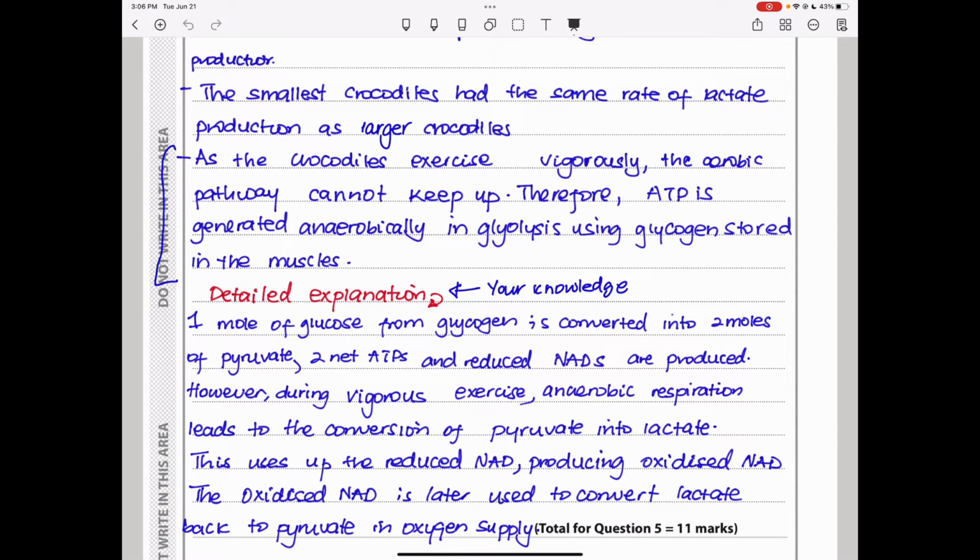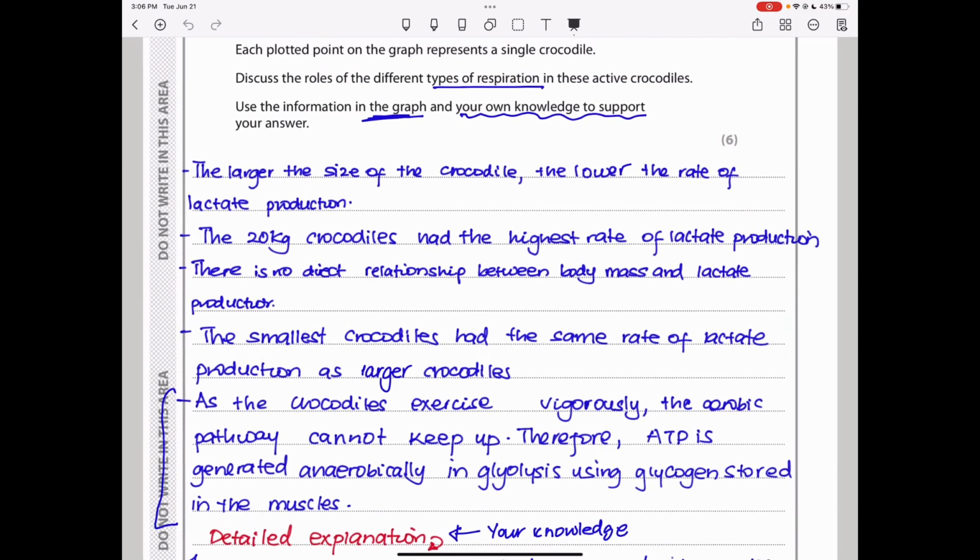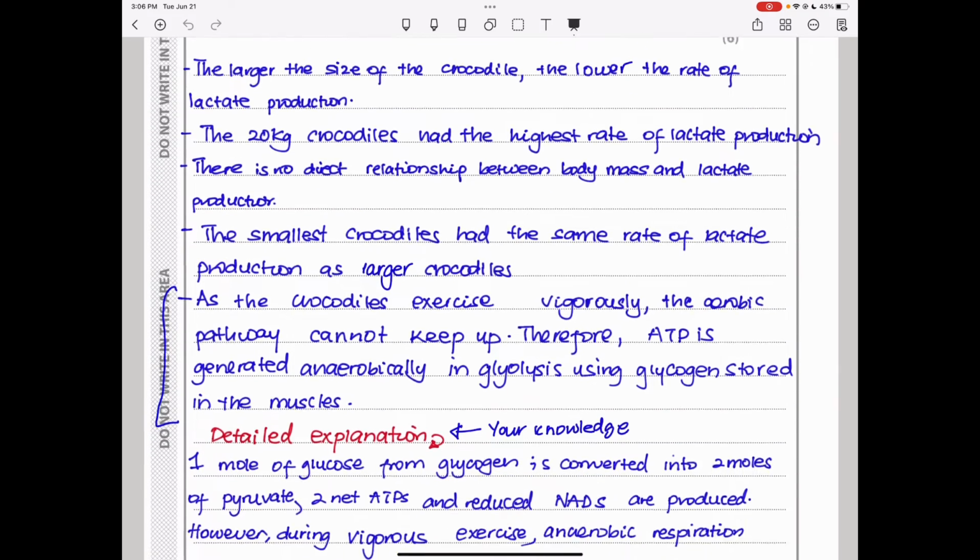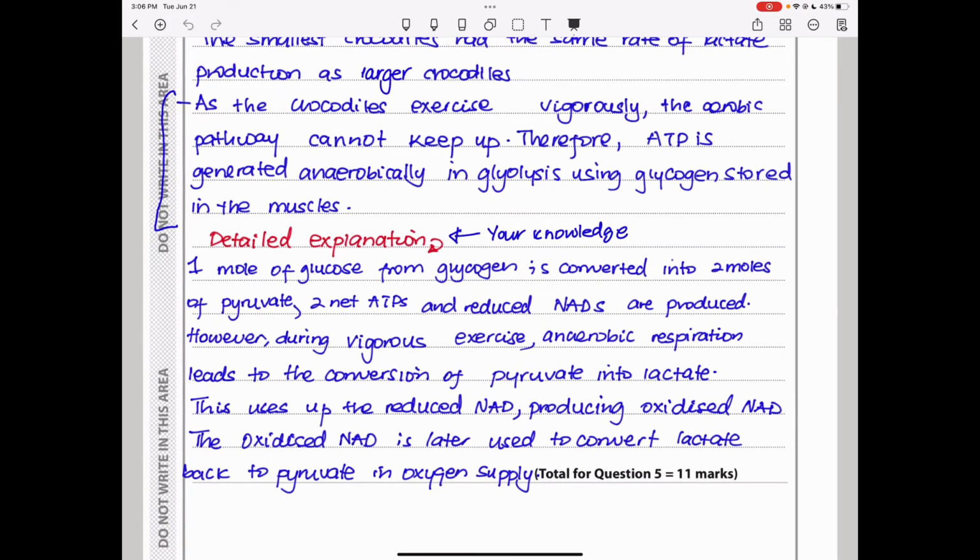Now, since the question asked you to use your own knowledge, we can bring in our own knowledge here. If glycogen is broken down to produce glucose, 1 mole of glucose is going to be converted into 2 moles of pyruvate, and then 2 net ATPs and reduced NAD are going to be produced.